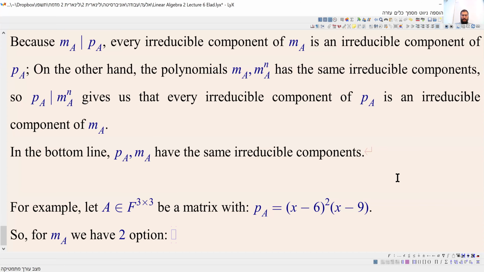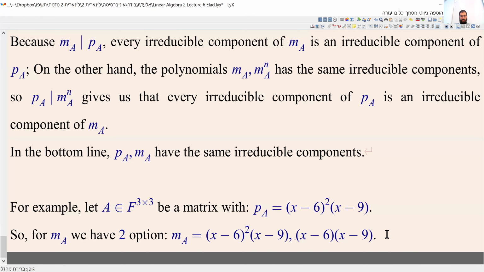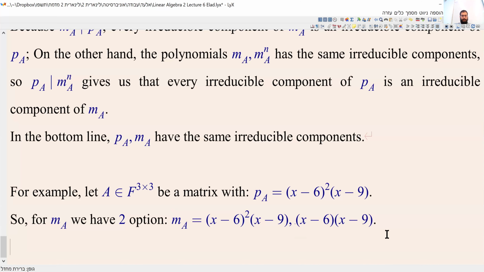In such a case, MA can be the characteristic polynomial itself, or (x minus 6)(x minus 9).